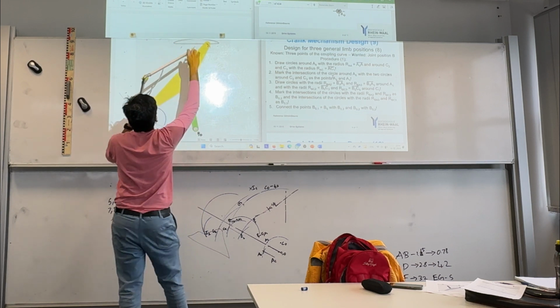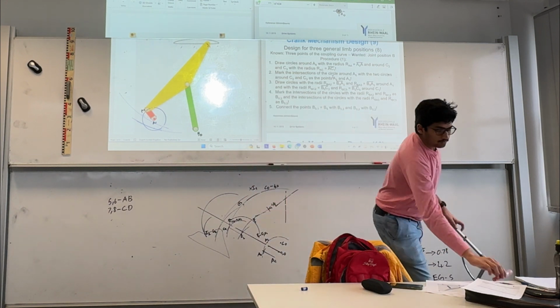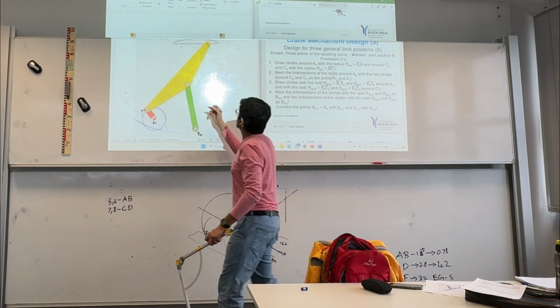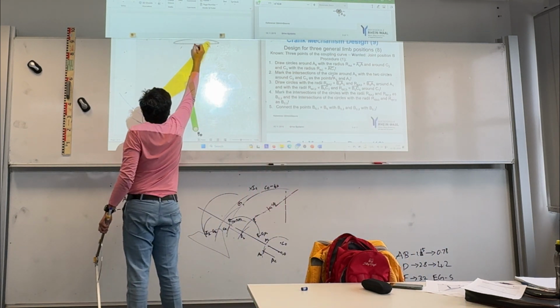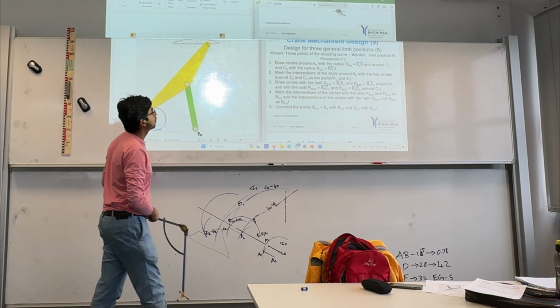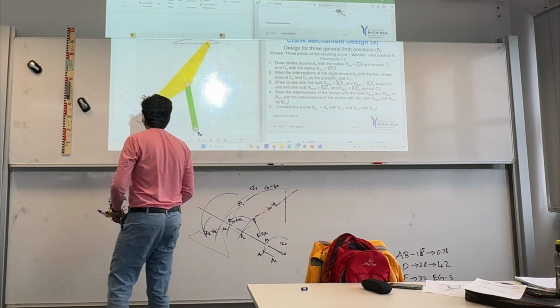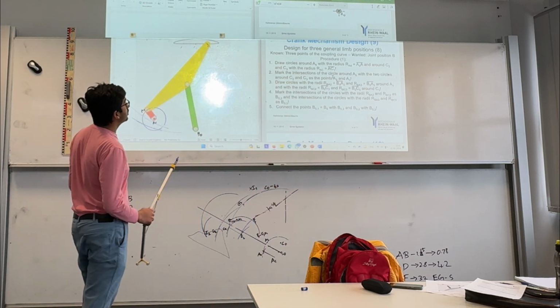Okay. Hope this is right. Try to match the spacing of the points. Should help in comparing the answers. Now we need to look for the intersection points, C2 and C3, as the points A2 and A3.